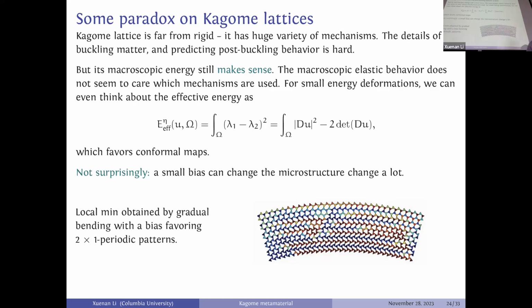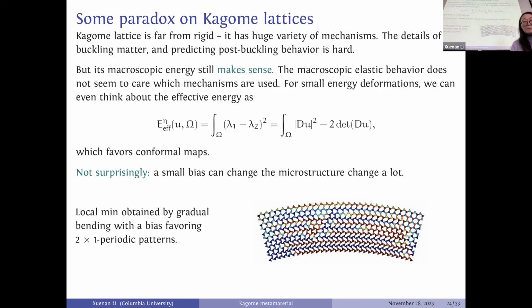So this energy landscape is very rugged, and the interesting question is: what is the global minimum? We don't know. We know it's approximating a conformal map, but we don't know what the global minimum is and what the energy of the global minimum is. So there are still a lot of things that can be discussed. I don't think I have time to talk about the other things. Okay, thank you for your time.